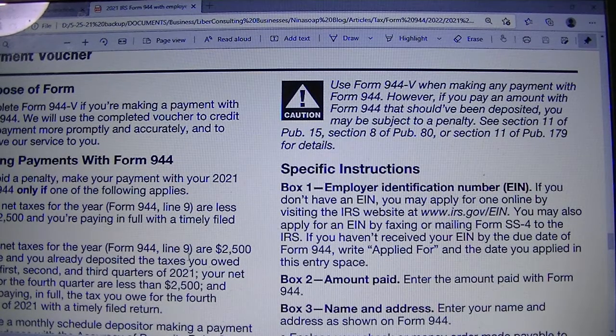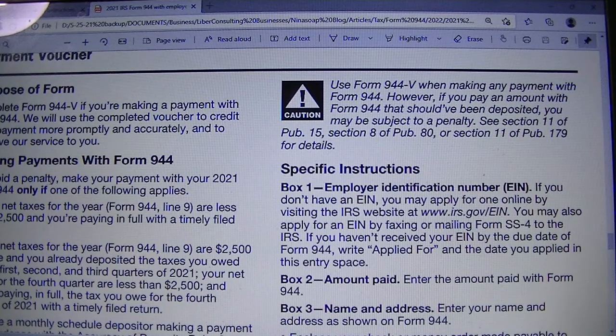So if line 9 is $2,500 or more, and you already deposited the tax you owe for the first, second, and third quarter of 2021, your net taxes for the fourth quarter are less than $2,500, and you are paying in full the tax you owe for the fourth quarter with a timely filed return.